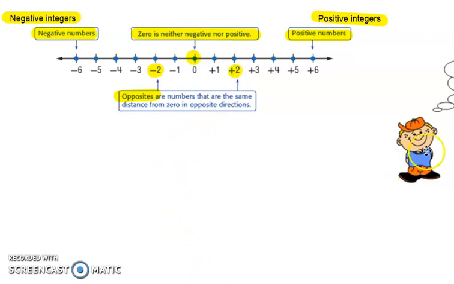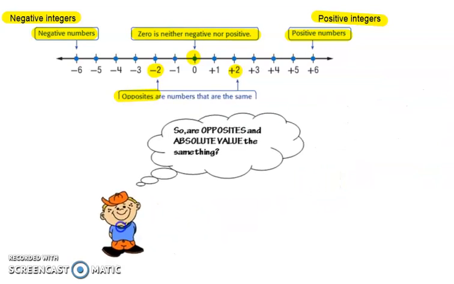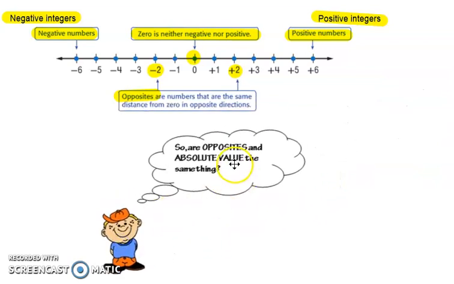So let's look at this little guy right here, and he is asking, opposites and absolute value, are they the same thing? And the answer to that is no. They're kind of related though. Notice that the opposites are the same distance from 0, and the definition of absolute value is the distance from 0.